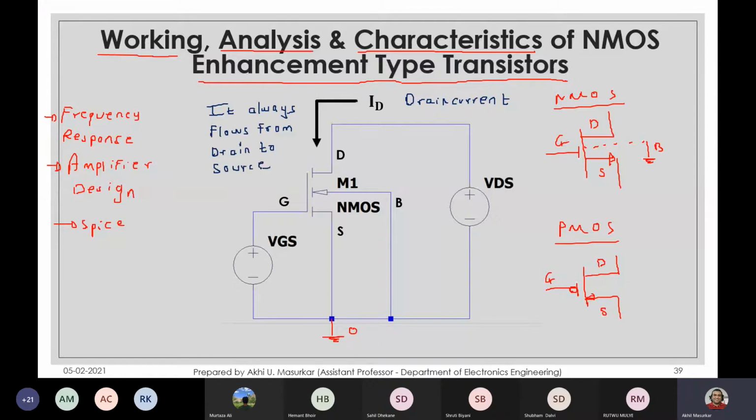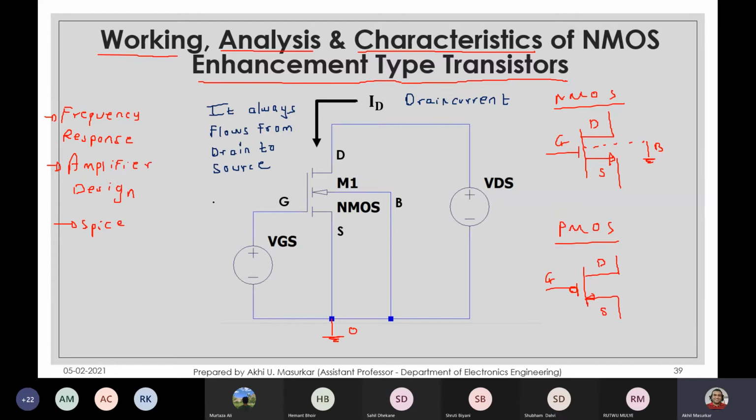It always flows from drain to source. Okay, I'll just wait for 2 minutes till you quickly draw this diagram.